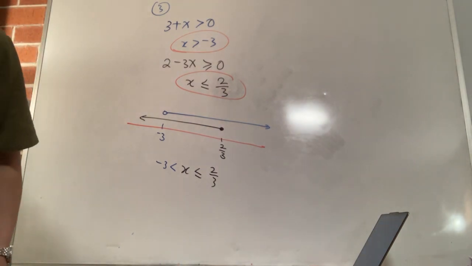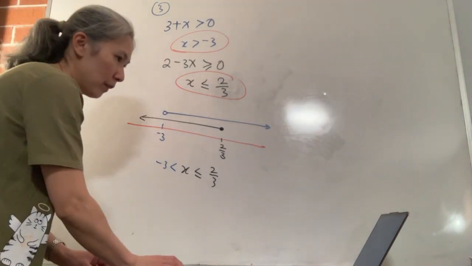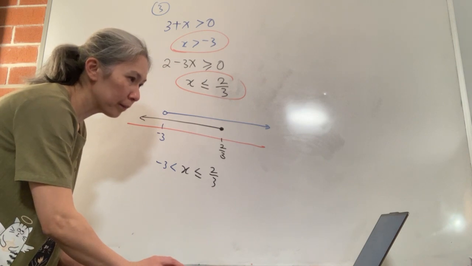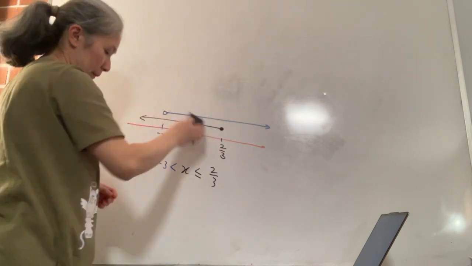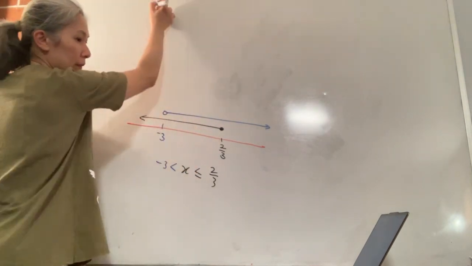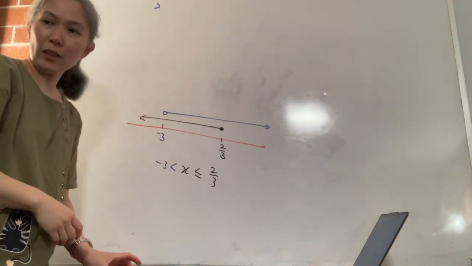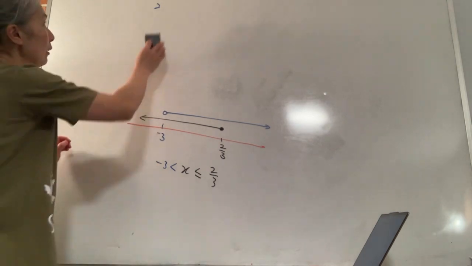Any other questions? 2? No, I got 2. You got 2? I got 2. Okay, so is that it for that one? Yeah, all clear? Okay, good.